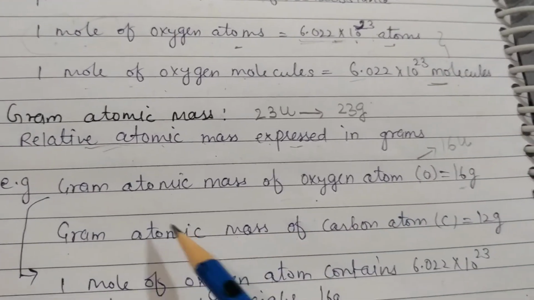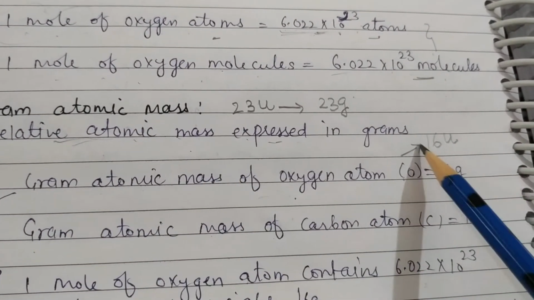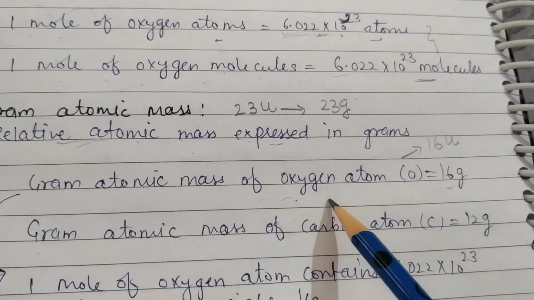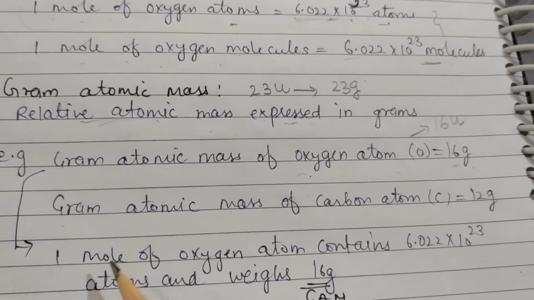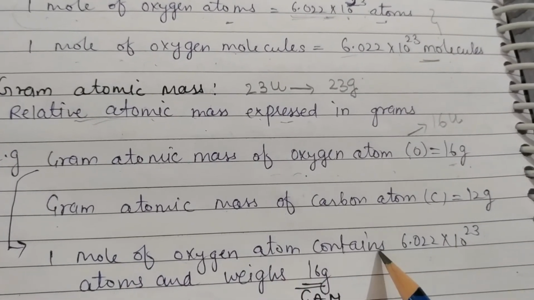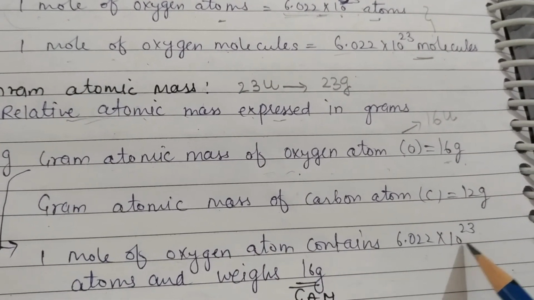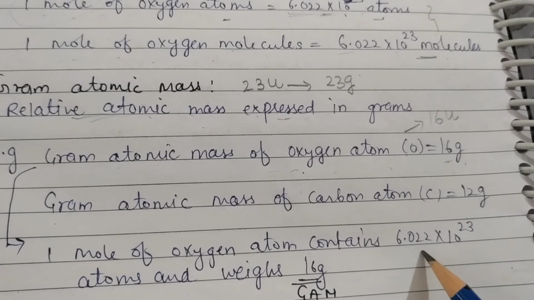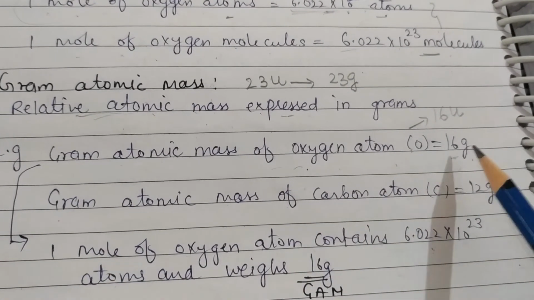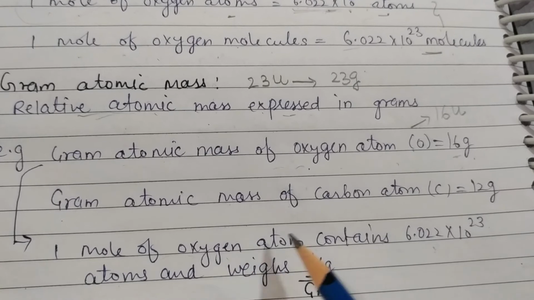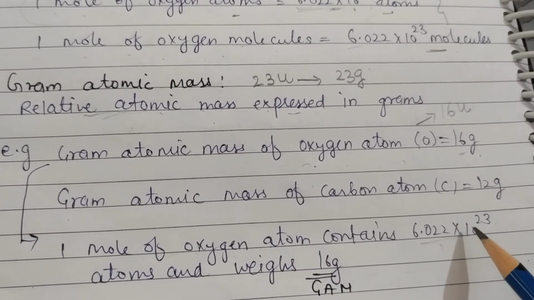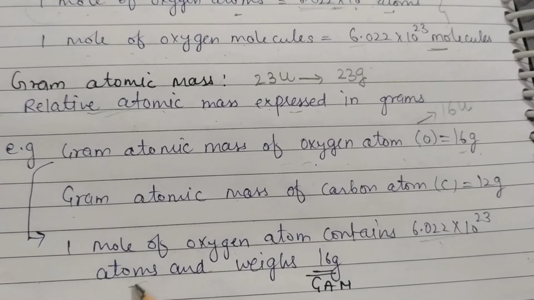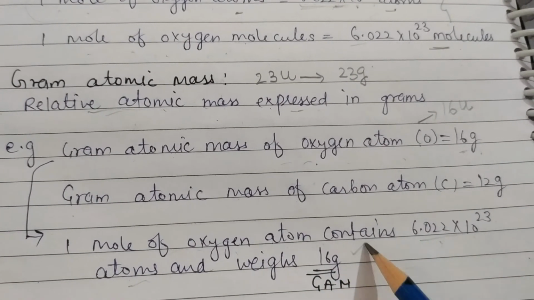Okay, likewise, what can we say from here? If gram atomic mass of oxygen is 16 grams, what does it mean? It means 1 mole of oxygen atom contains 6.022 into 10 raised to power 23 atoms and weighs 16 gram.